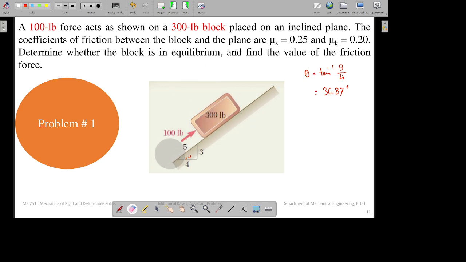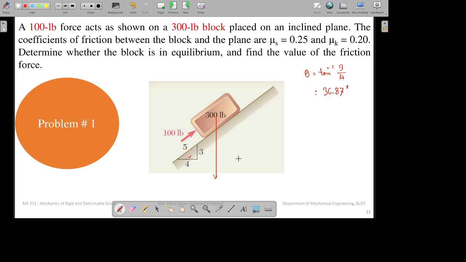First, determine the value of n, which is normal to the plane. You already know the concepts, I believe. The weight of the block will act towards the center of the earth like this.